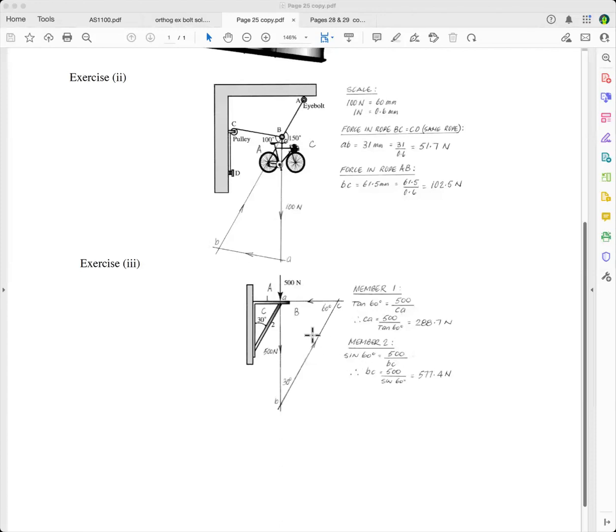But anyway, let's use the graphical method. You select the scale, say 500 newtons equals 50 millimeters, so 1 millimeter is 10 newtons. And so you draw that down there and you make that a particular scale. Make sure you put the cents on it, and make sure you put your value there.